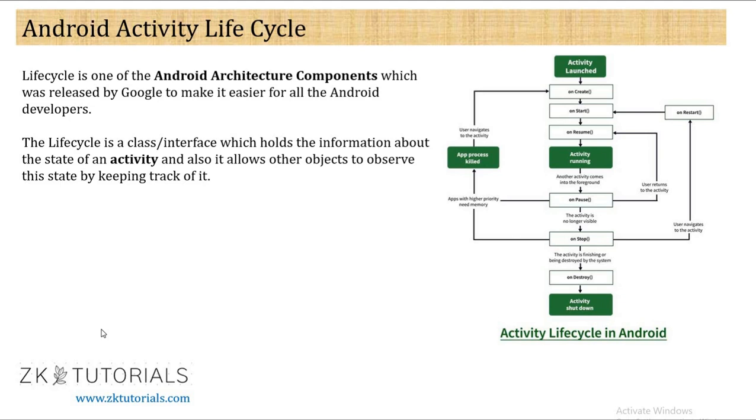Everything in Android is a class because it is Java. So life cycle is also a class which holds the information about the state of an activity, and it allows other objects to observe the state by keeping track of it.